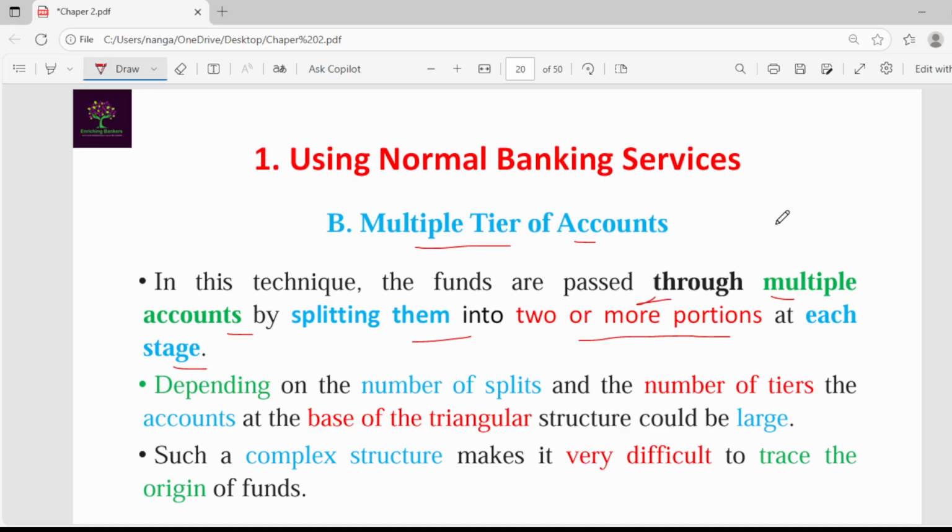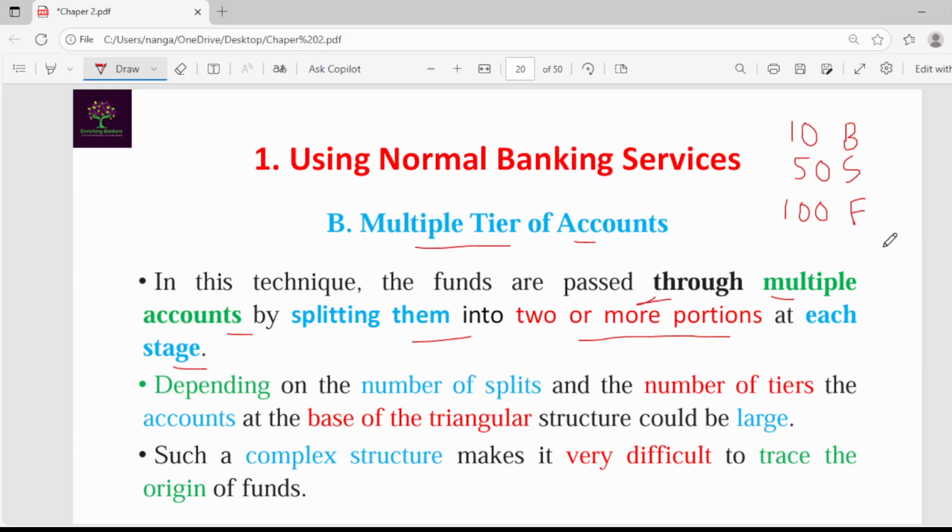I will explain with an example. Criminals want to transfer or pass the funds through 100 farmers' accounts, 50 salaried persons' accounts and 10 business persons' accounts.